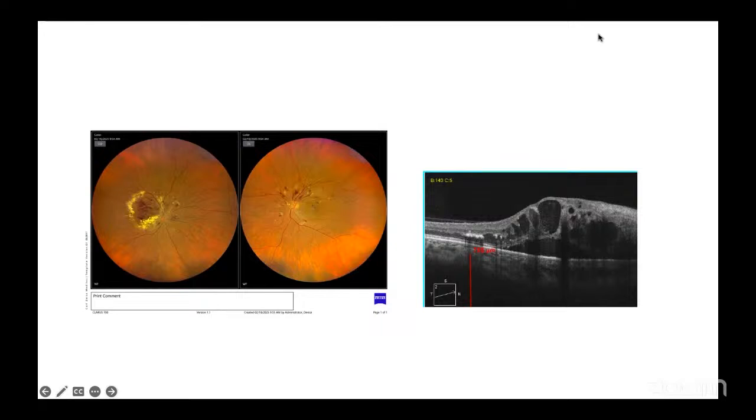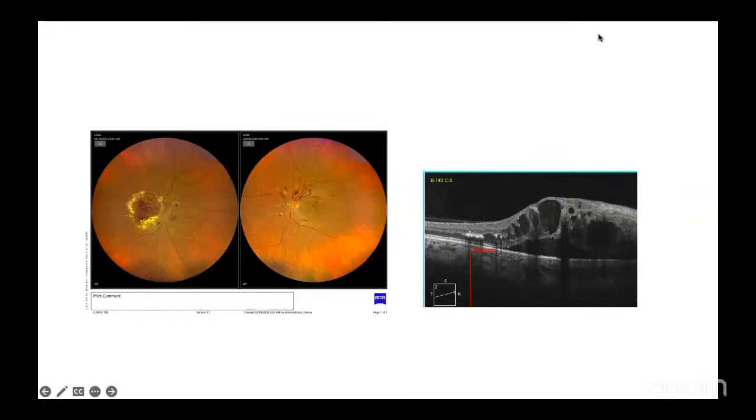Okay. So what you missed in the history, you can also ask about presence of anemia. Hemoglobin is also an important aspect you should address. If the patient is anemic, that exacerbates diabetic retinopathy.